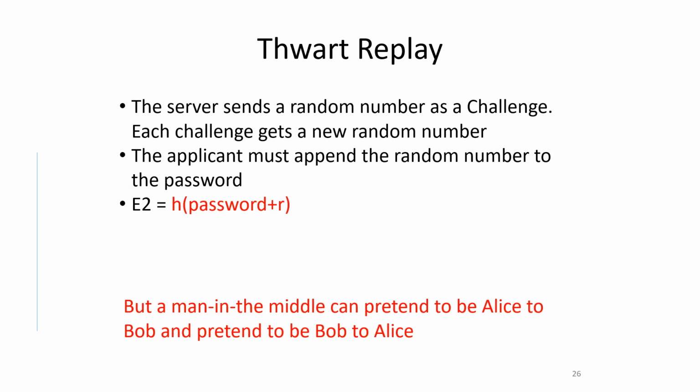You don't know the answer, but you take that challenge and send it on to the other person. They'll give you the answer: the MD5 of my password with 17 appended to the end of it, and you don't even know what the password is. But you do know the MD5, E2, and now you can tell Alice what Bob said in response to the challenge you passed along. That's the man in the middle.